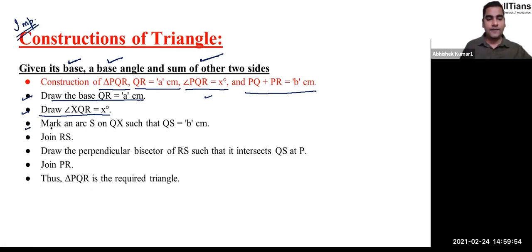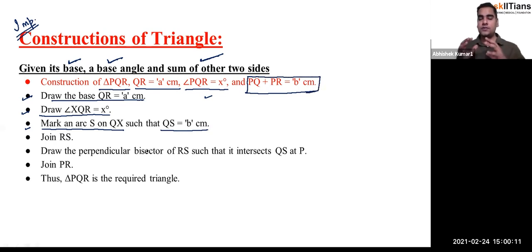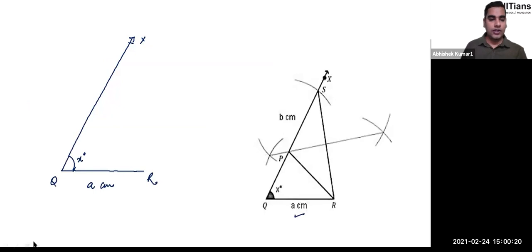Now, what we have to do is mark an arc S on QX, such that QS is equal to b centimeter. How did we get this b centimeter? Basically, you have to look at the sum of the other two sides which are provided to you. Here the sum of the other two sides is equal to b centimeter. So I have to mark that arc equal to b centimeter. Let me show you using a different color.